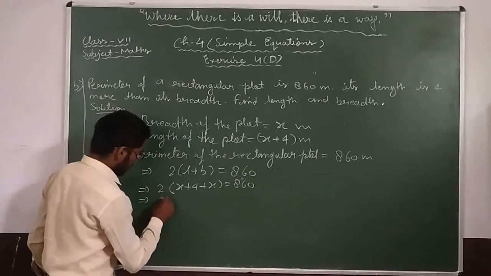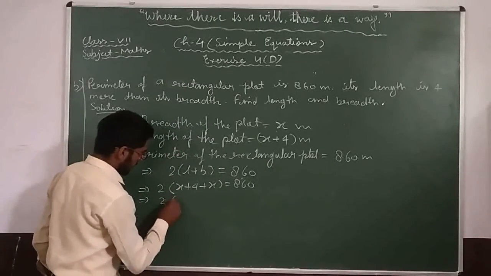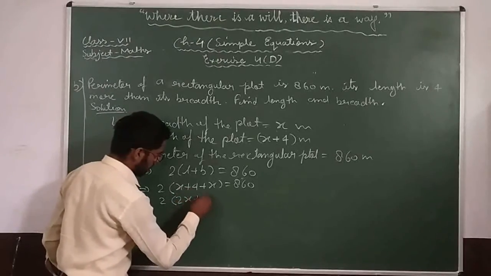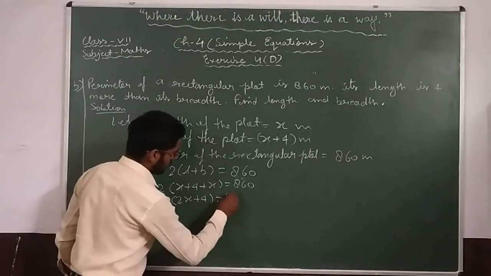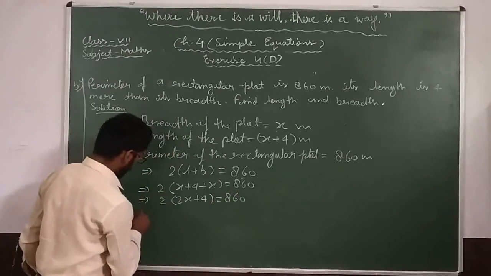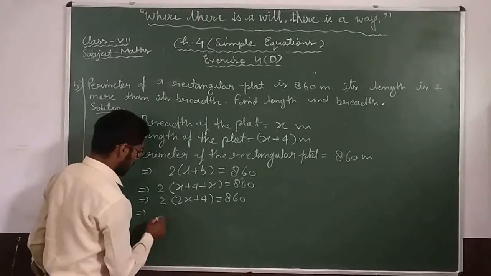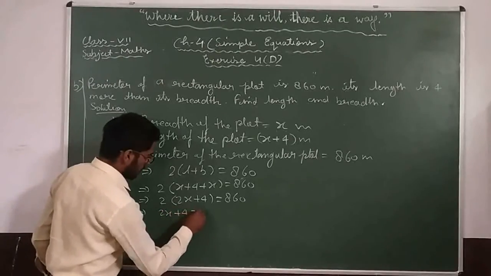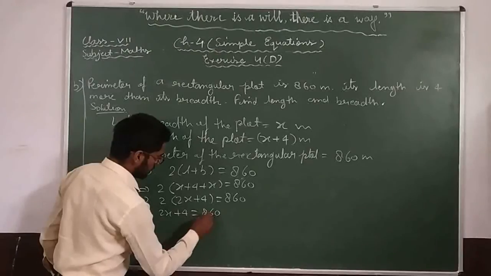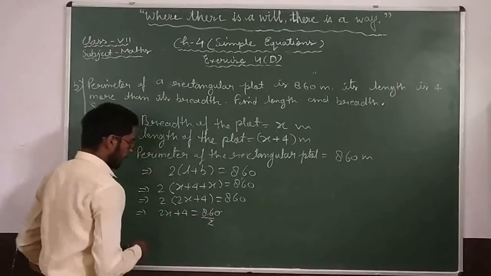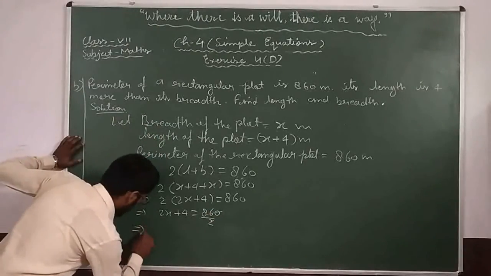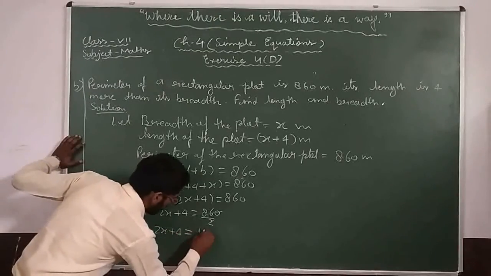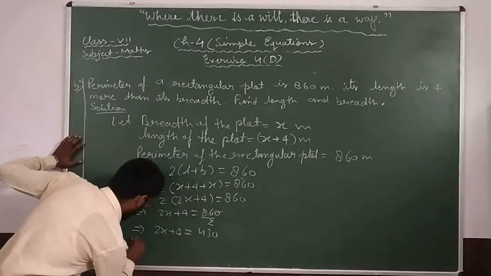Now 2 in bracket, x plus x is 2x, plus 4, is equal to 860. Now transpose 2 to the denominator of the RHS, then 2x plus 4 is equal to 860 upon 2. Divided, you will get 2x plus 4 is equal to 430.